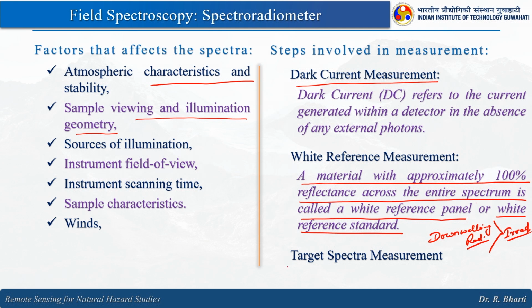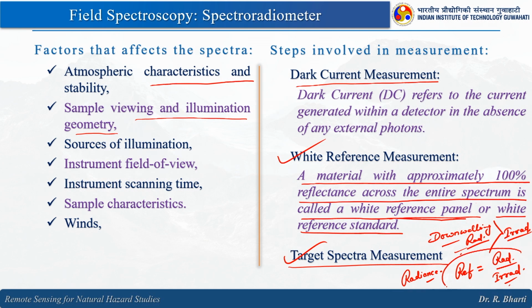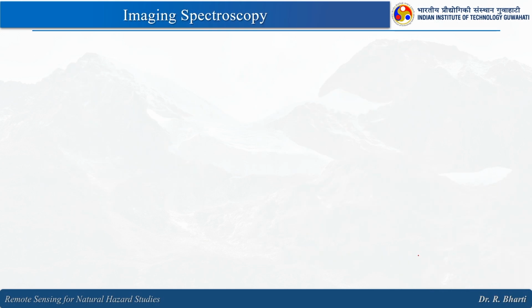Now my instrument is ready to measure the radiance, and once you have these two measurements, you can get the reflectance, which is the radiance coming from the target and the irradiance from the white reference panel, the downwelling radiance. Then we will have the spectral reflectance. I hope this is clear.